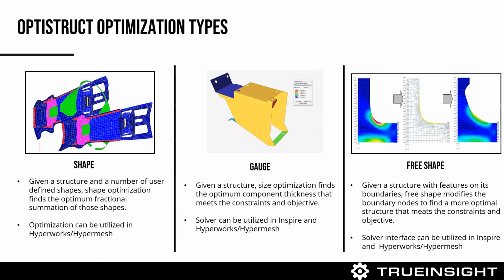By just changing a couple of nodal locations, you can reduce that high stress concentration around the fillet, but also on the bottom surface. You notice the stress is reduced. So it's a way of moving nodes around to meet your constraints and objectives.